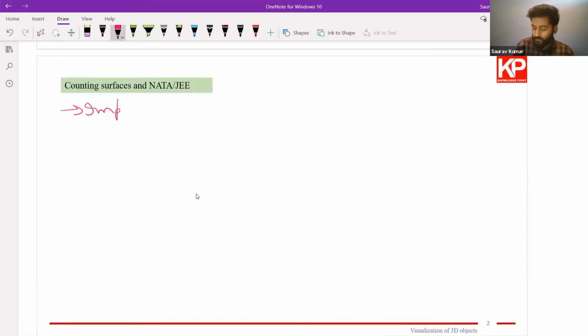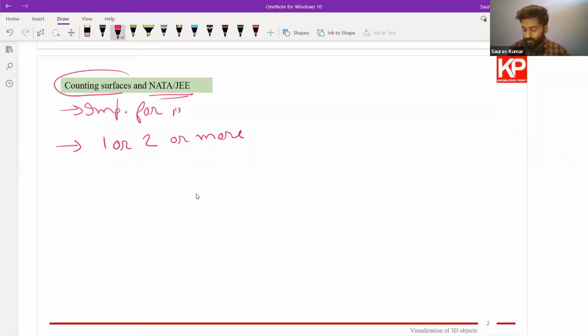We can even write that it is important for both NATA and JEE. The reason being that this is a subtopic, but still you can have 1 or 2 questions from it, or more also. On an average, 2 questions could be asked, in which they can simply ask you to count the surfaces or just to answer the number of surfaces.